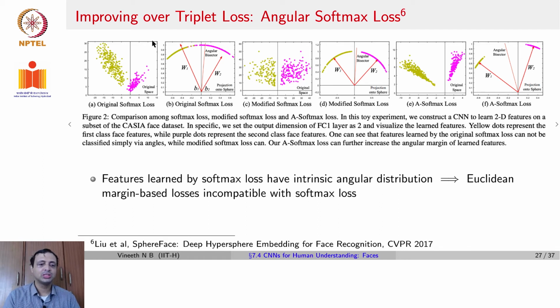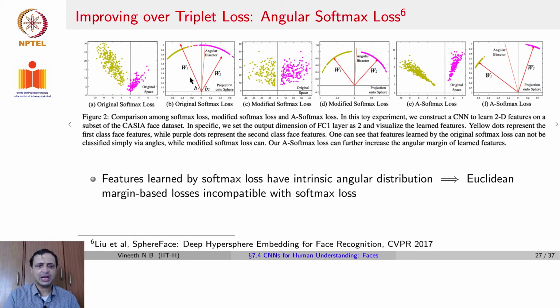If you had an original softmax loss and you considered the embeddings of the neural network before applying the softmax loss, whatever embedding you had from the penultimate layer before applying the softmax activation function and the cross entropy loss after that, you may have an embedding something like this, where all these points in yellow belong to one class. All these points that are pink or purple in color belong to the other class.